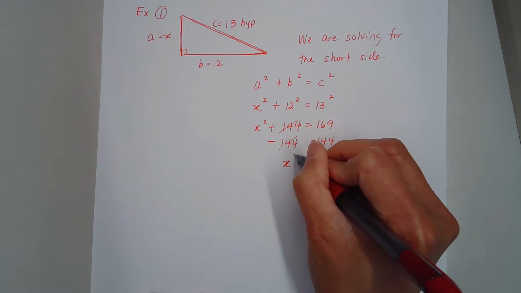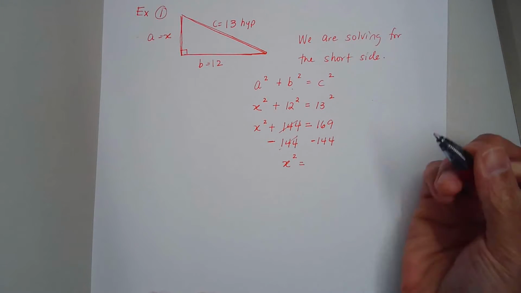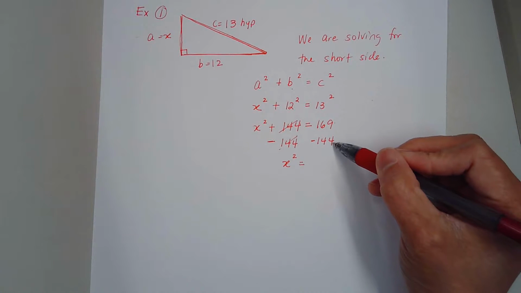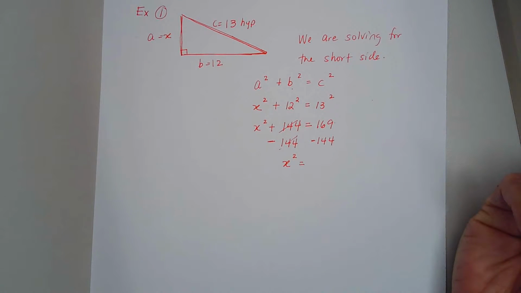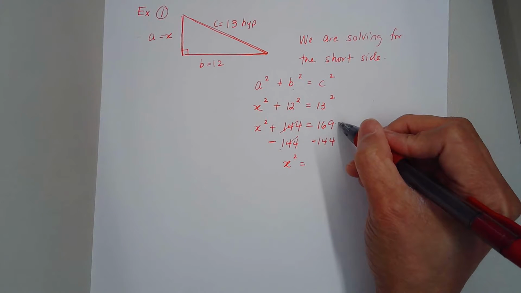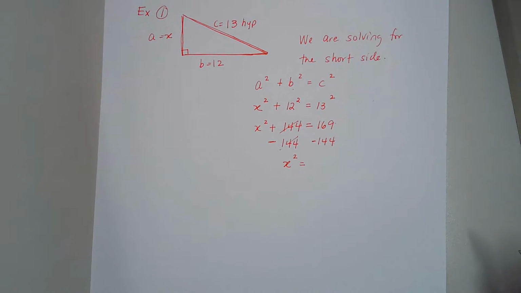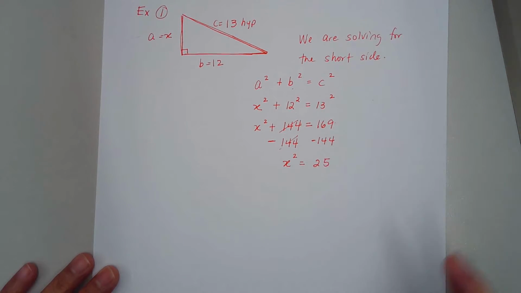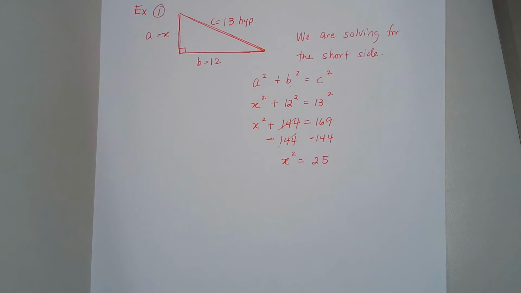So x squared is equal to 169 subtract 144. Yeah, so we can work this out and see what that is. 25. Okay, now we're almost there.